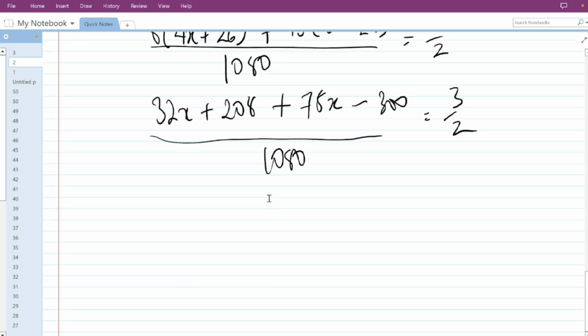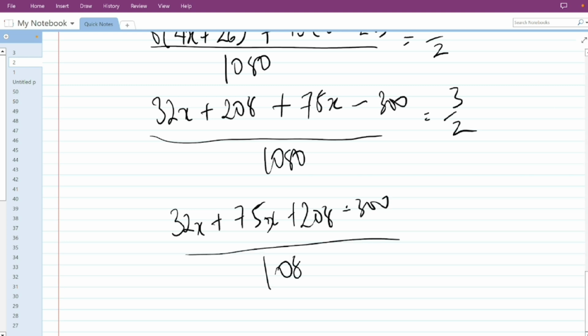Next line we collect like terms. We take this 32x and this 75x and put them together. Then you have plus 208 minus 300 because this 300 owns this negative sign. A number owns the positive or the negative sign in front of it. So you have plus 208 minus 300 over 1080 equals 3 over 2.